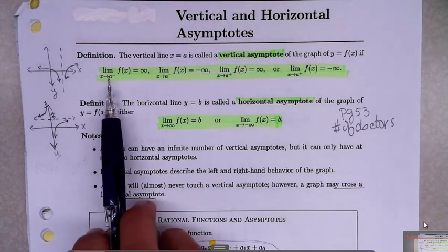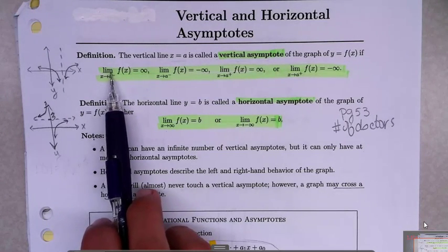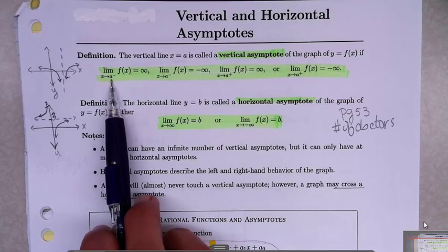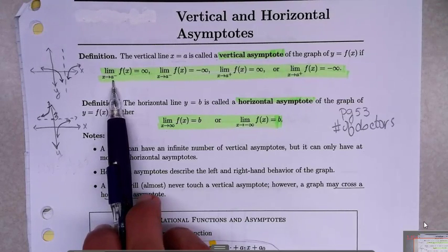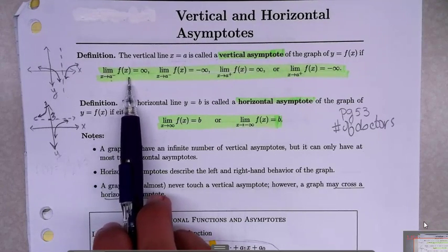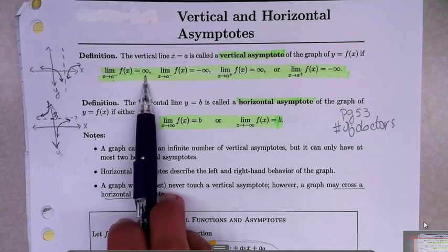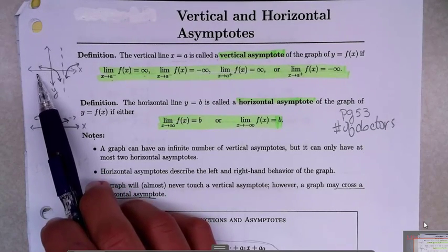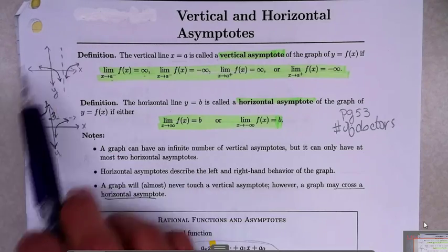So you could see, for example, as we approach this a value on the x-axis from the left, it's possible that our graph is going up towards infinity. So that'd be kind of the opposite of what we have here, right? It'd be increasing.